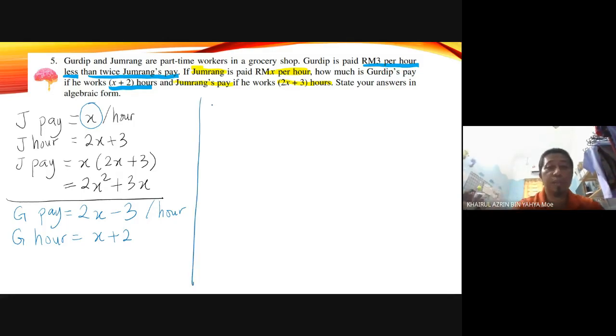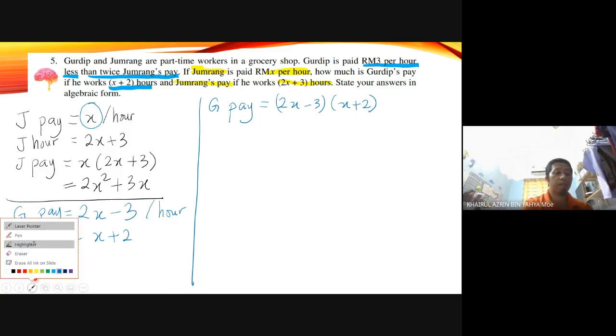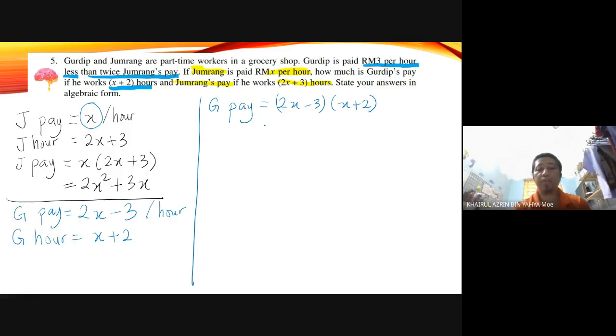So, Gurdip's pay is equal to, how to get the total payment for Gurdip? 2x minus 3 we multiply with x plus 2. We get the total payment for Gurdip. Now we expand this one.